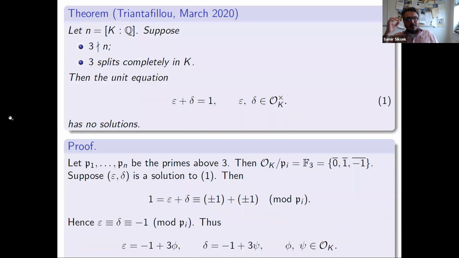And then something weird happened a year ago. I was writing an expository paper with Ekin Osman on the unit equation, and this paper by Triantifilou appeared on the archive with this theorem. The paper is only 3 pages long.